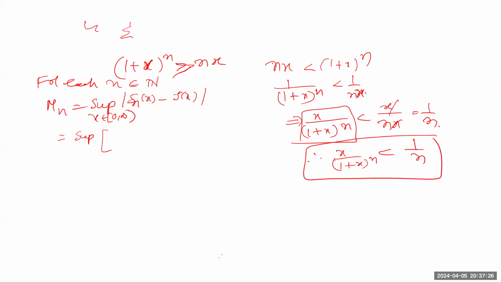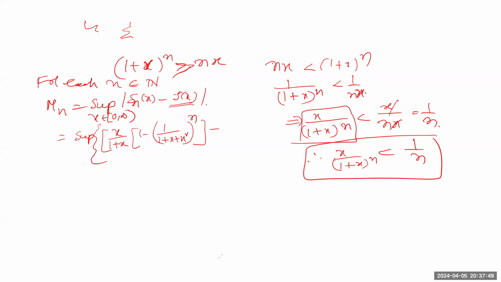So that is the supremum of, what is the Sn of x? We verified that one, x over 1 plus x times 1 minus 1 over 1 plus x square to the power of n, right? This is minus S of x.